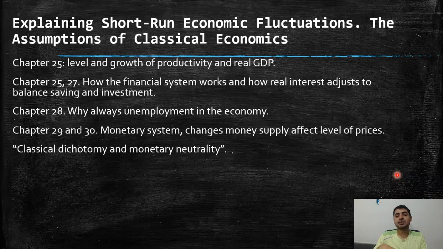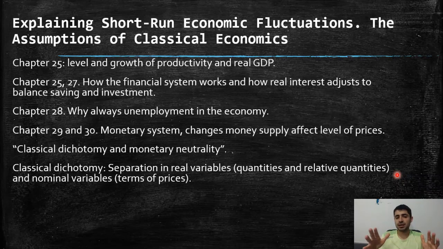And we have discussed the classical dichotomy and monetary neutrality. What does it mean? Basically, we separate variables into real and nominal. What we discussed before were real variables, which are quantities and relative quantities.